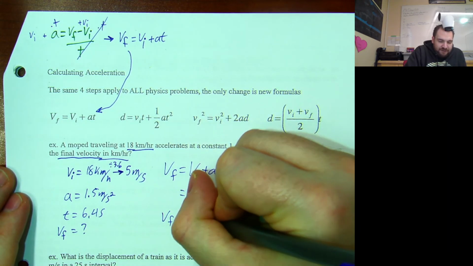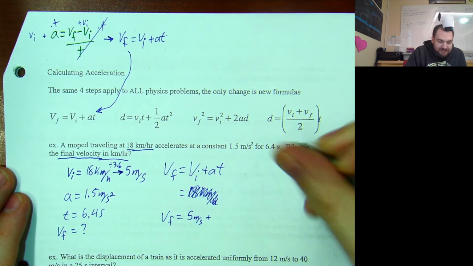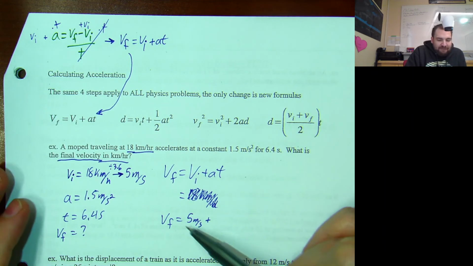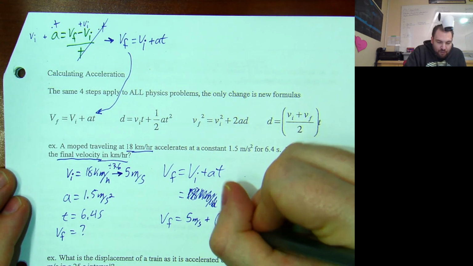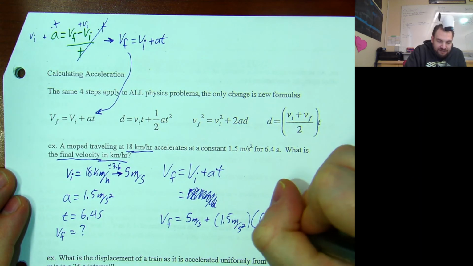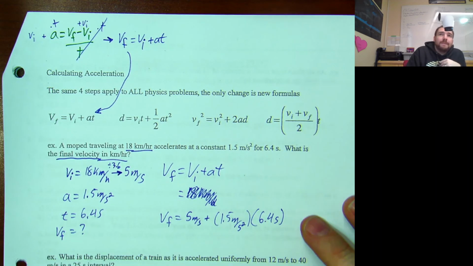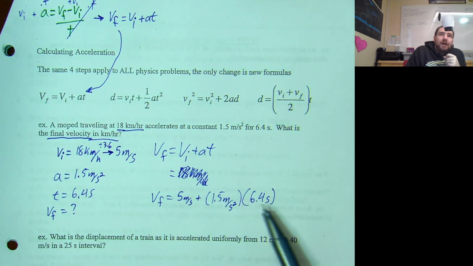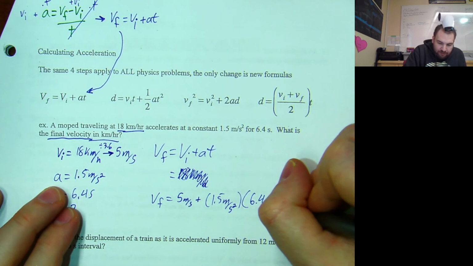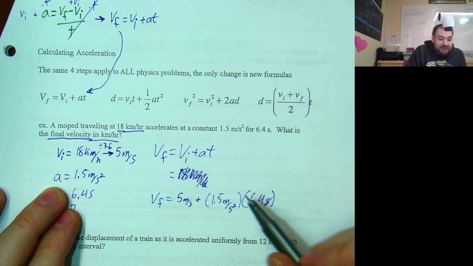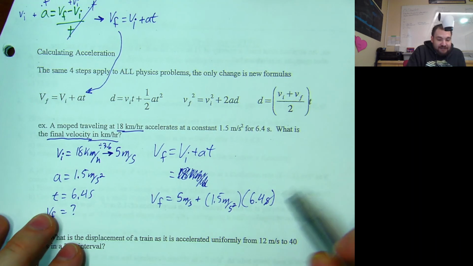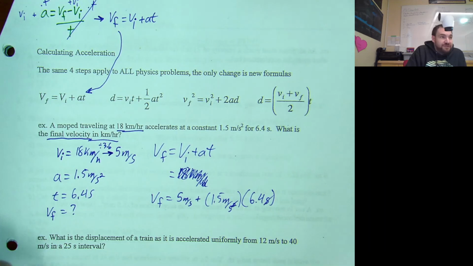I've got 5 meters per second plus, and when you guys do it, you don't have to necessarily put the units here, but I want to show you what the units are going to do. I've got 5 meters per second plus 1.5 meters per second squared times 6.4 seconds. I'm multiplying seconds and meters per second squared, so this second is going to cancel with one of the two seconds on the bottom, because I've got seconds squared.